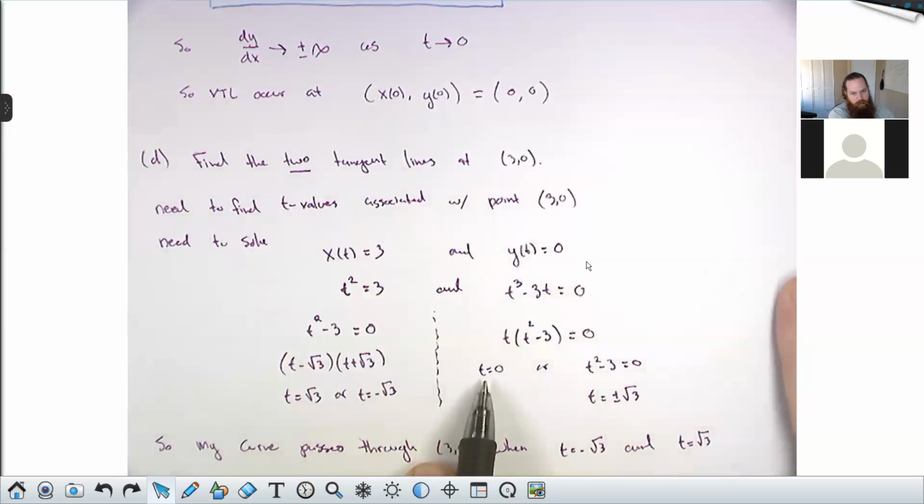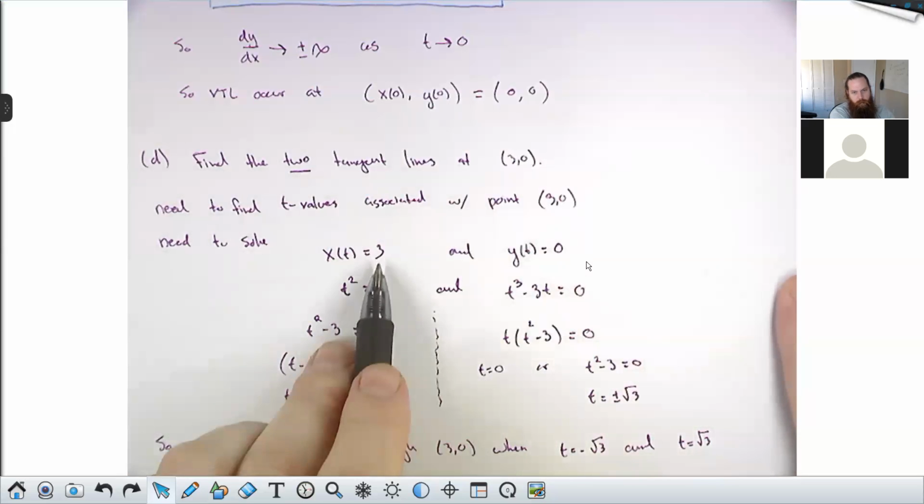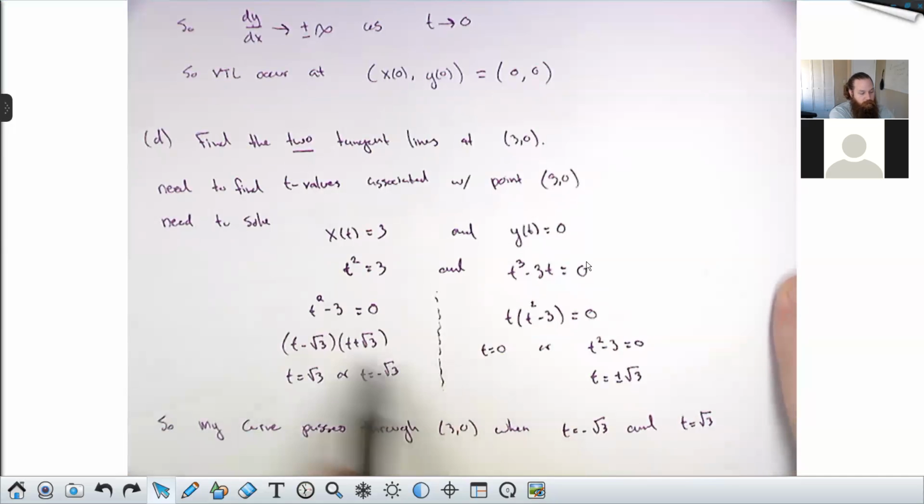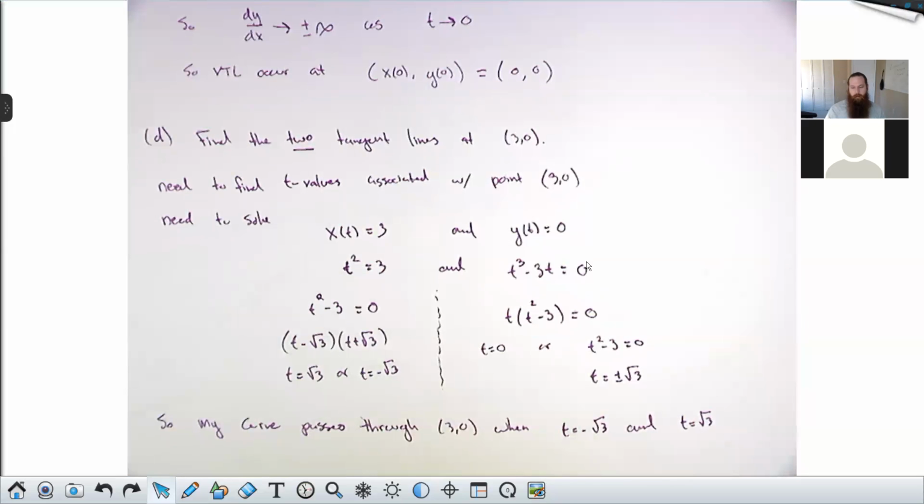I don't include this 0 because I didn't get t equals 0 as a solution here. If I did get t equals 0 as a solution here, in addition to here, then there would be 3 times where my curve passes through the point (3, 0). Is this making sense?